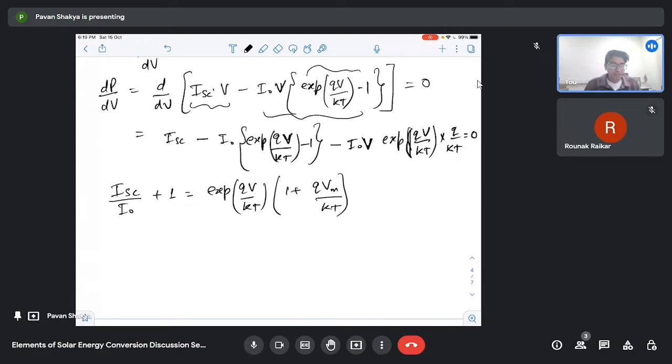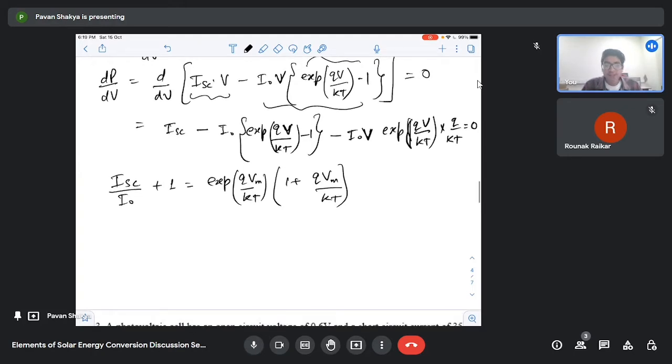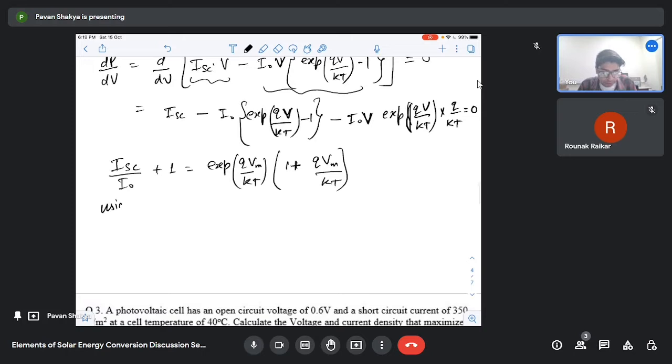So this is the expression we have derived for maximizing the power. In this expression we can see that the only variable is Vm. Okay, so this is a non-linear equation and we have to solve it using the hit and trial method.